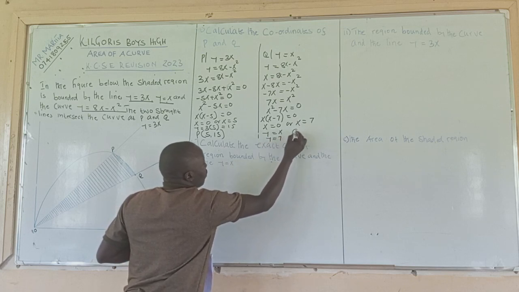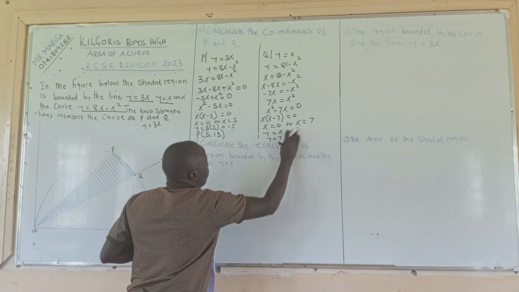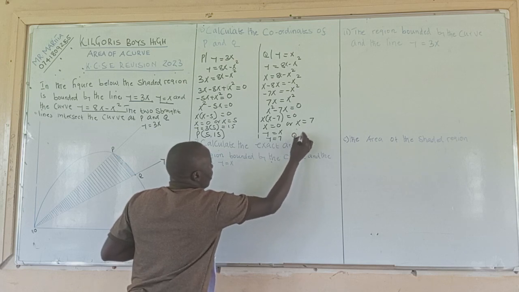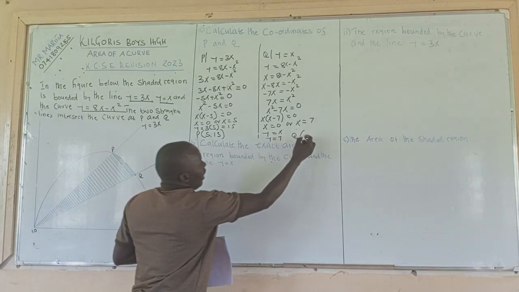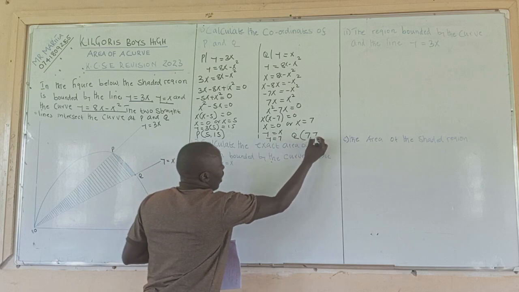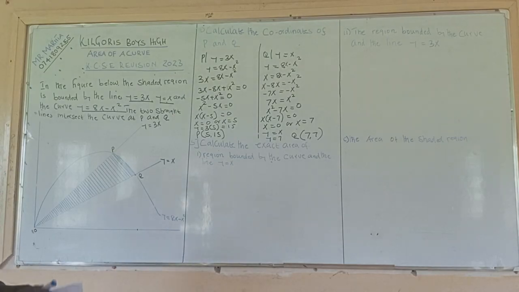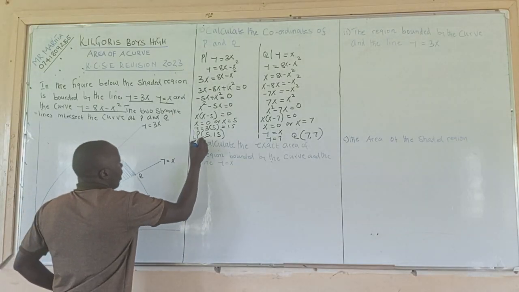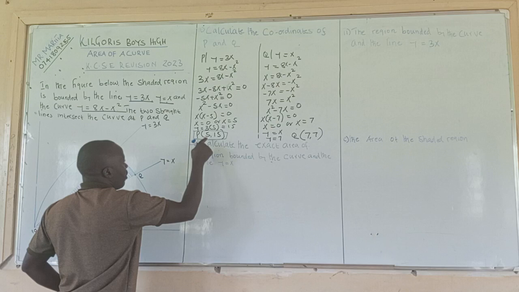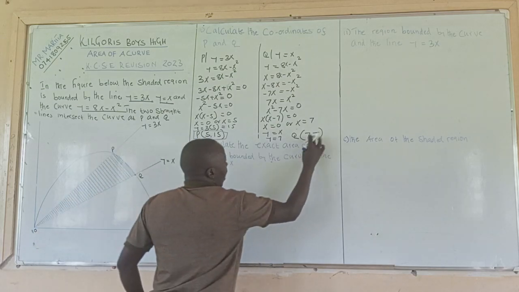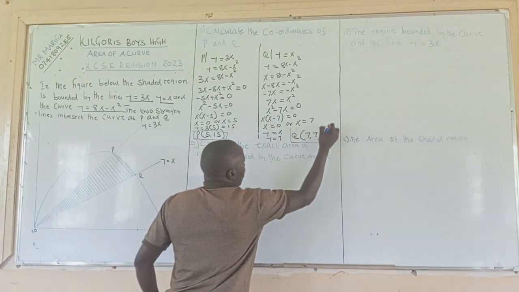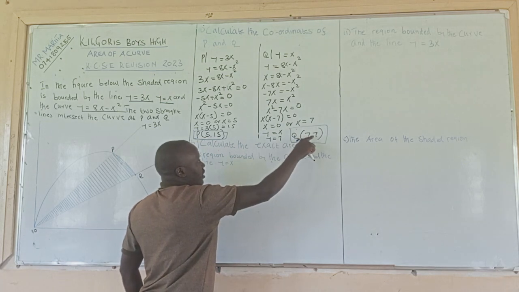Therefore the coordinates of Q are x = 7, y = 7. So the coordinates of P are (5, 15) and the coordinates of Q are (7, 7).